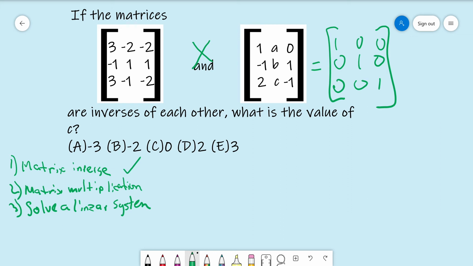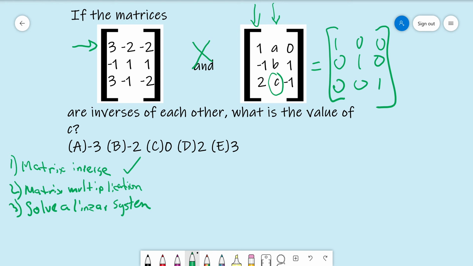Now, what we're interested in is the value of C. There's C. And this whole middle column is missing. So when you multiply matrices, you're going to do dot products between the rows of the first matrix and the columns of the second matrix. We don't need to multiply everything.